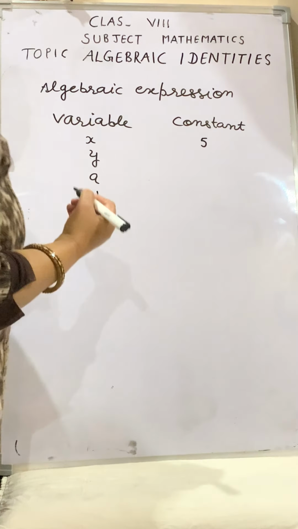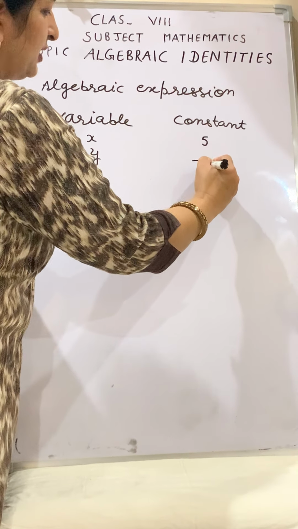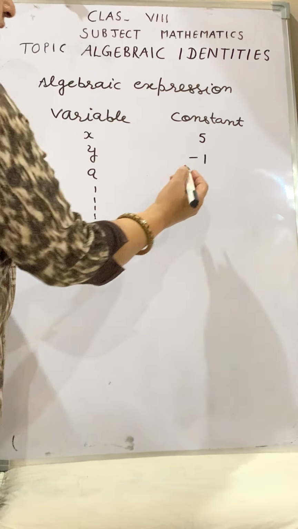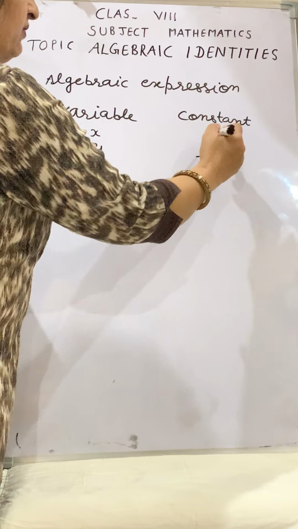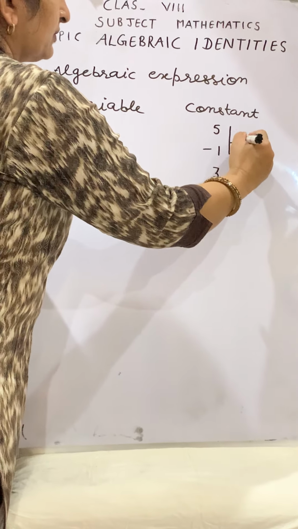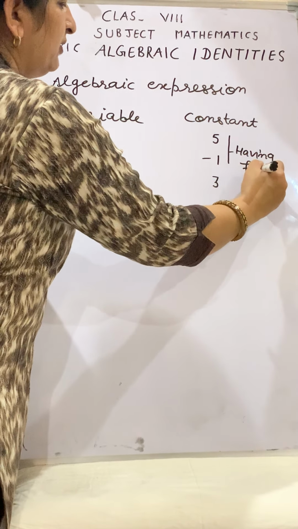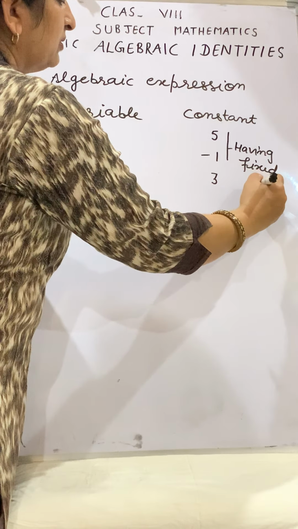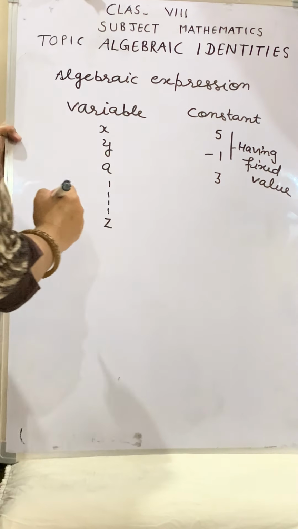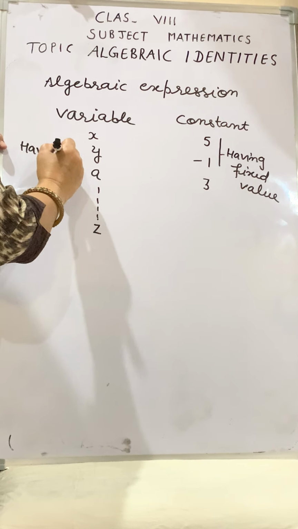The value of 5 is always 5. The value of minus 1 is always minus 1. The value of 3 is always 3, having fixed value. Variable has no fixed value.